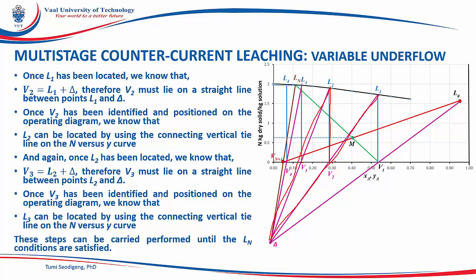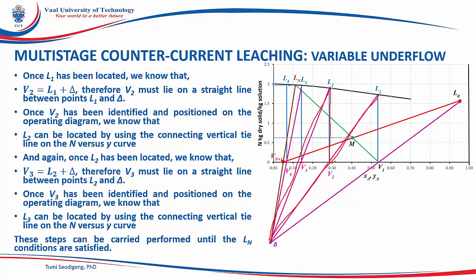Once L3 has been positioned, you know that V4 will lie on the line connecting L3 to point delta, and you carry on until the L4 that you end up with is at least equal to your target Ln. So these steps can be carried out until Ln conditions are satisfied.